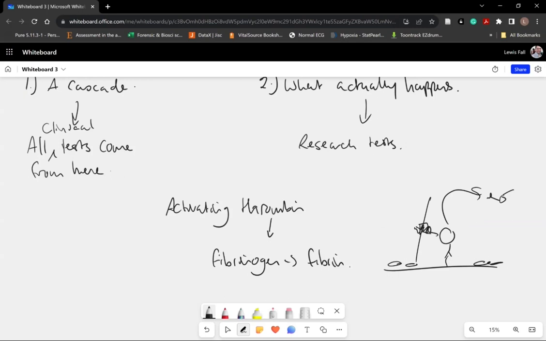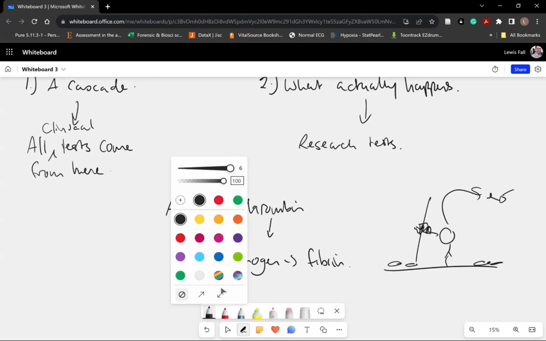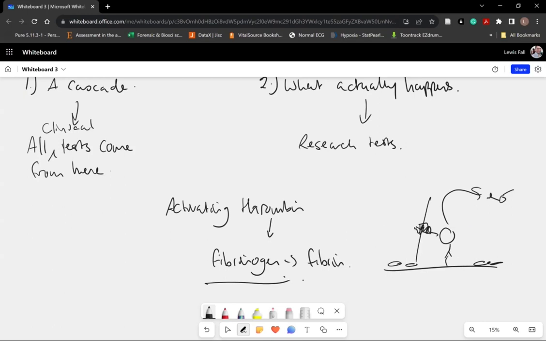So in order to heal any damage in the vasculature, we need to be able to turn that fibrinogen into fibrin, because fibrin is insoluble. So how does this all work? Well, we're going to start with the coagulation cascade.